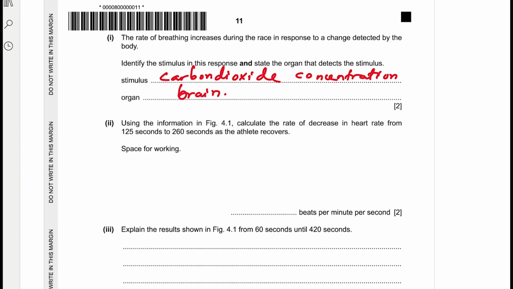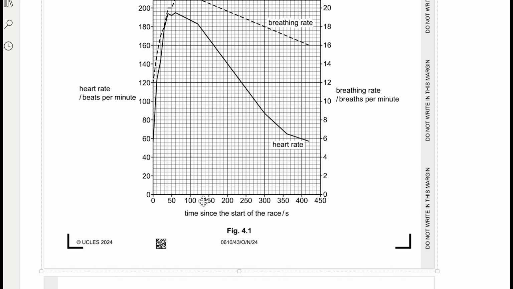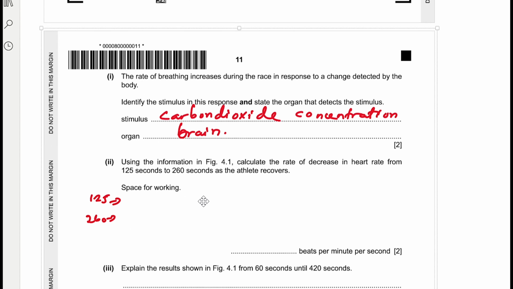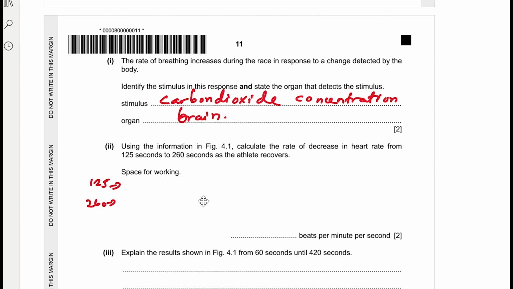Using the information, calculate the rate of decrease in heart rate from 125 seconds to 260 seconds of an athlete. So we need the heart rate at 125 and at 260. Let's read from the graph. At 125 it was almost 180, 182, and then at 260 it was 106.